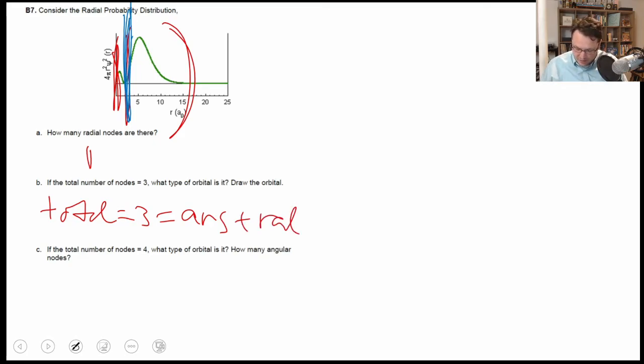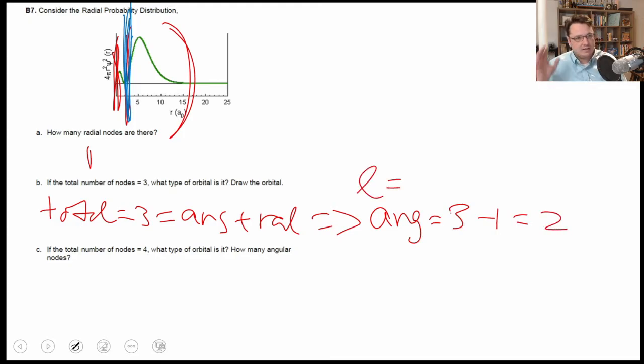If we know we have one radial node, just by looking at this, then the number of angular nodes is going to be equal to 3 minus 1, and so that equals 2. Because we have two angular nodes, l is equal to 2. From that, we know the l equals 2 orbital is the d orbitals, so this is going to be a d orbital.